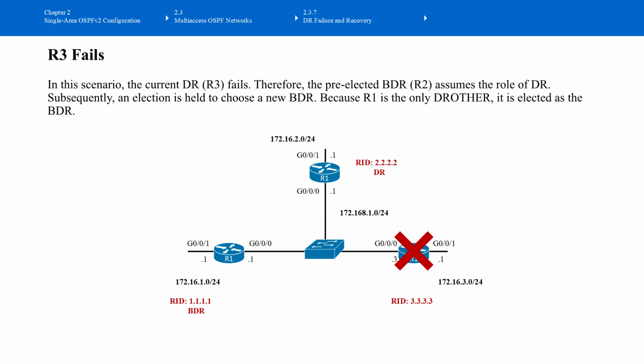Step 1, R2 was BDR, that becomes DR. Step 2, OSPF needs a new BDR. Step 3, R1 is the only remaining DR other, so it becomes the BDR. So now R2 is the DR, R1 is the BDR, and R3 is down.